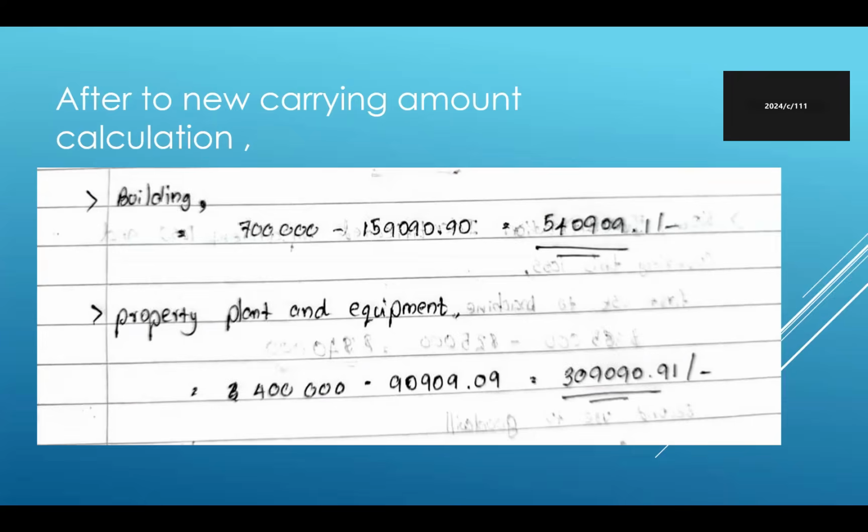Secondly, property, plant and equipment: 400,000 subtracting 90,900.09. Final answer 319,019.91.